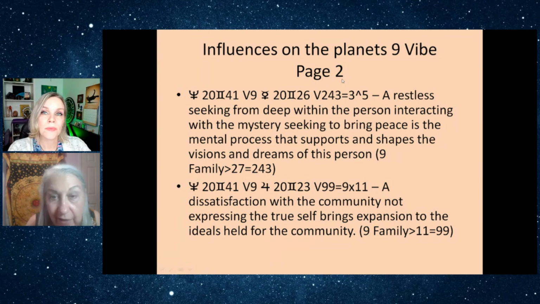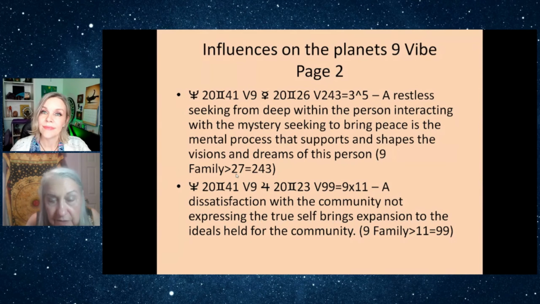So now what's interesting is the vibrations involved. This is 243. 243 brings a restless seeking from deep within the person, interacting with the mystery, seeking to bring peace. This is a mental process, Mercury, that supports and shapes the visions and dreams of this person.